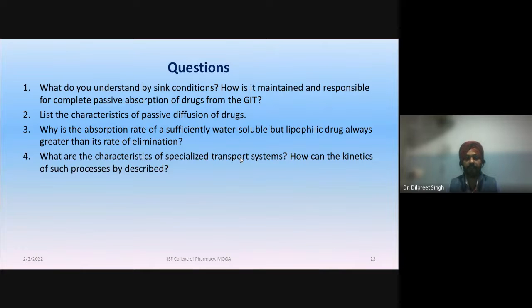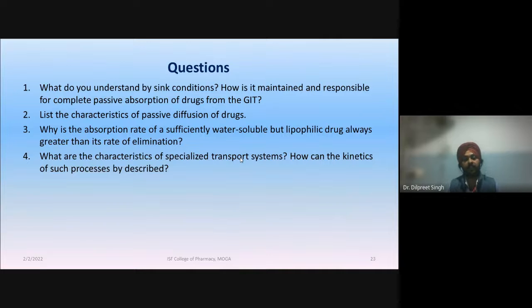When we talk about lipophilic drugs, water insoluble molecules, the rate of elimination is always greater because of the partially ionized behavior, that is the pKa, which doesn't allow the drug to be reabsorbed. It always leads the parent metabolite to be excreted against the concentration gradient. So the absorption rate of water soluble molecules is always greater than its rate of elimination.